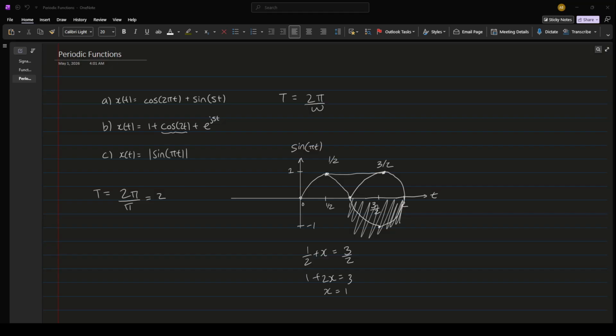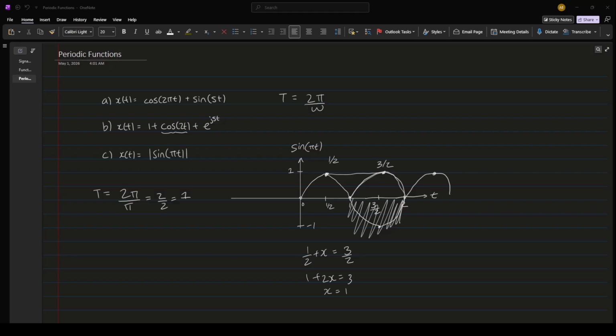Because of the absolute value, this original period of 2 gets divided by 2 again. So it is twice as short because of the absolute value, which makes sense, right? Because you could see it graphically that the next time we get to 1 would have been at 2 pi plus pi over 2.